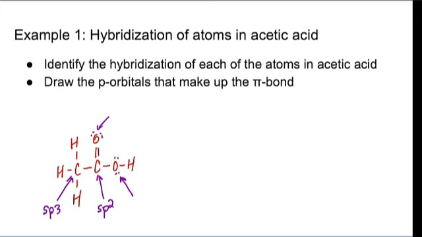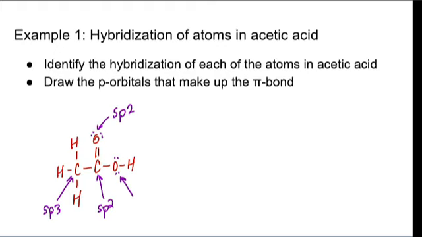Same with the oxygen on the top. The oxygen has 3 regions of electron density, 2 lone pairs, and 1 bonding region. And so that is caused by the oxygen being surrounded by 3 sp2 hybrid orbitals.